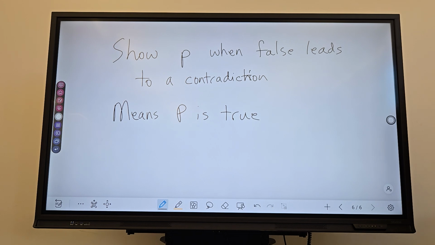This can be verified using a truth table.